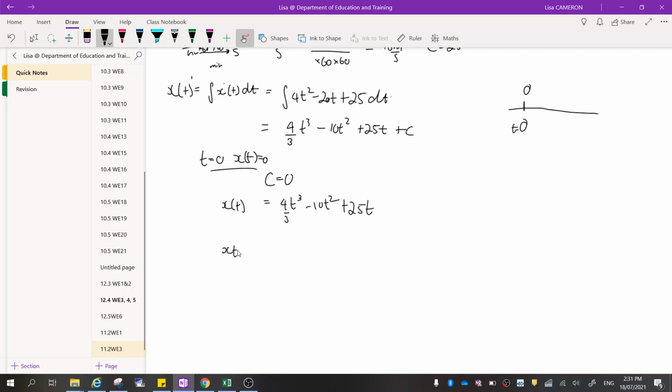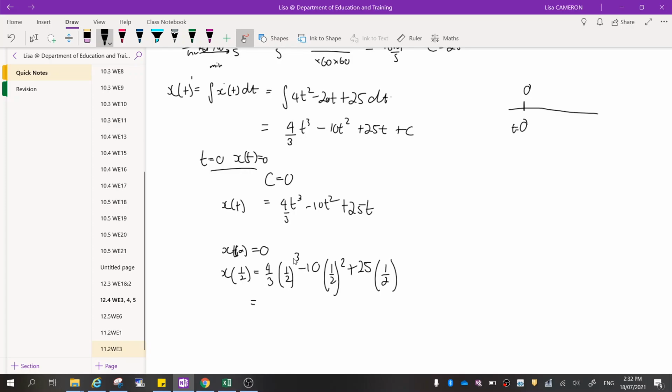So our distance when time is equal to 0 is 0, and we want our distance when time is equal to a half. So now we have to substitute a half in there. So minus 10. Now, I think I'll do this by hand at the moment, and we'll see how far through we get. I might need a calculator.